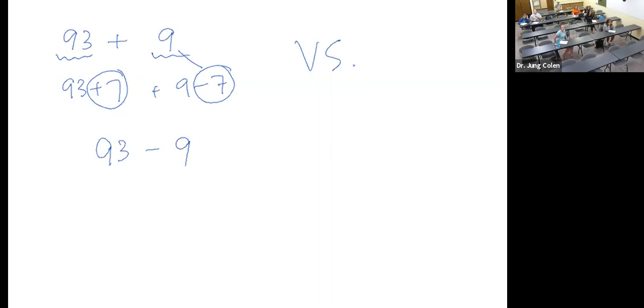What I do here is we have to add 7 here to the number 3. Then I need to add 7 to 9 as well. Hey, previously if I had to add 7, I had to subtract 7. But now I'm adding 7 and adding 7 again.